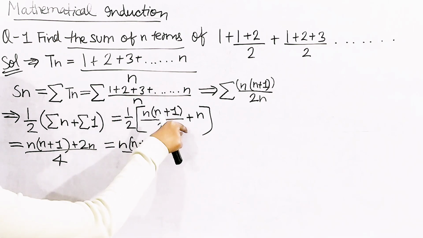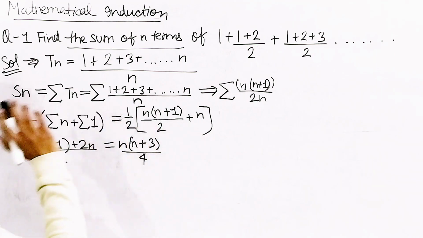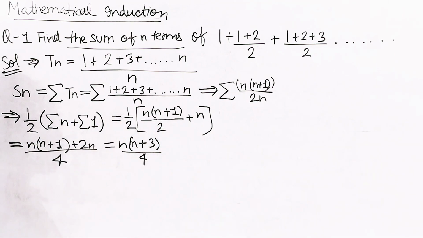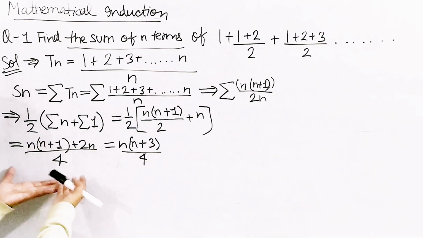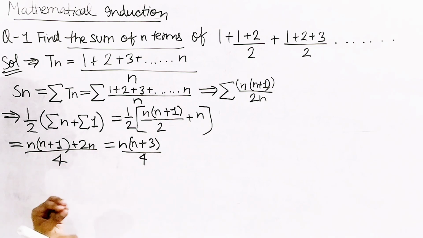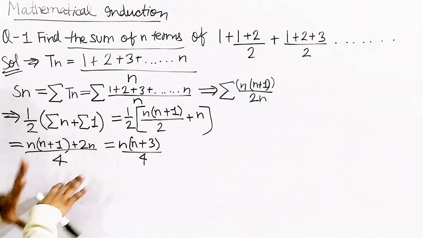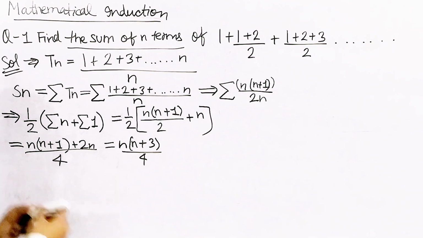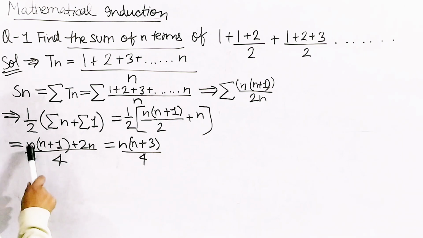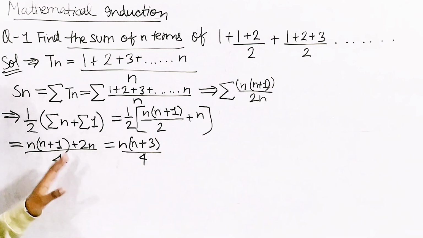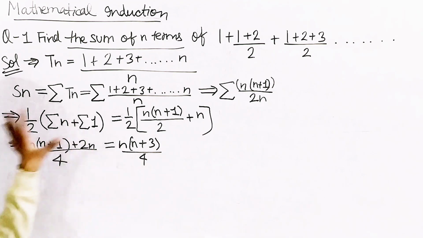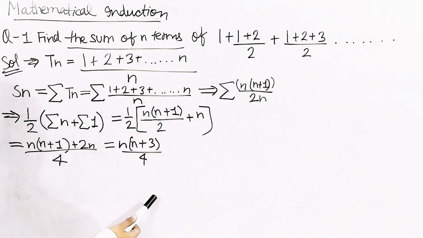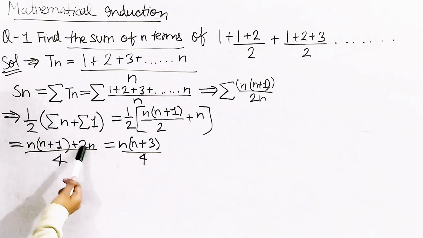I included it in this, and through this we get 4 from 2. It was a really easy way. Through this way I added all those things. So n into n plus 1 plus 2n upon 4. This was really easy.